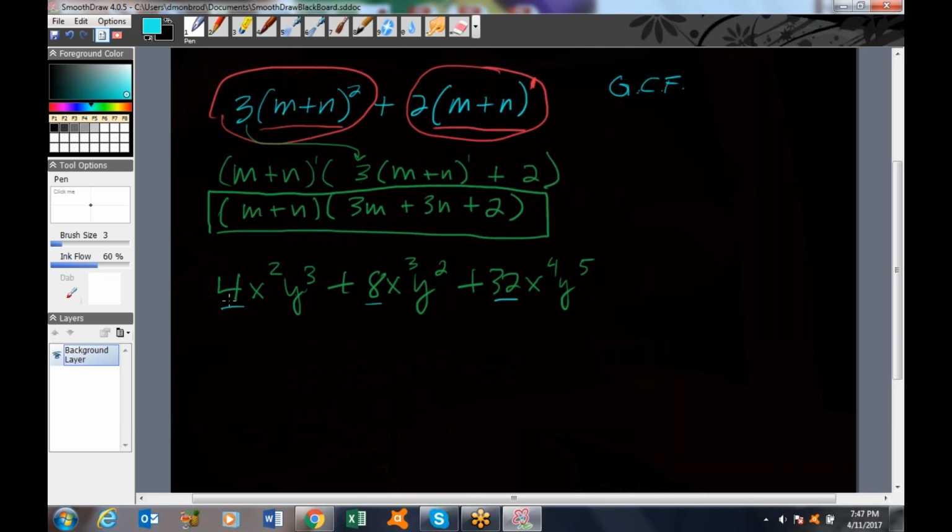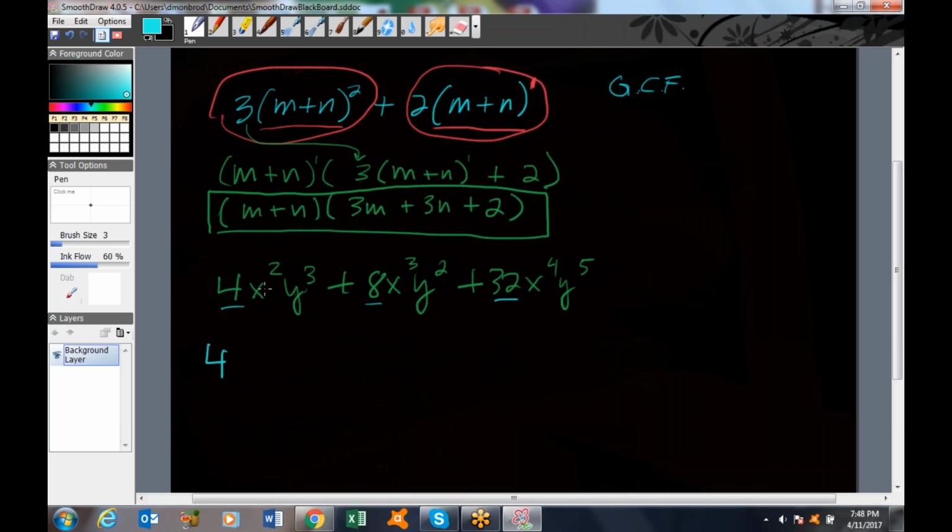The highest factor that they have in common is a 4. Okay, 4 can be divided by 4, 8 can be divided by 4, and 32 can be divided by 4. Can't go any higher because the 4 is the smallest number, and it wouldn't be divisible by, say, an 8 or a 16.